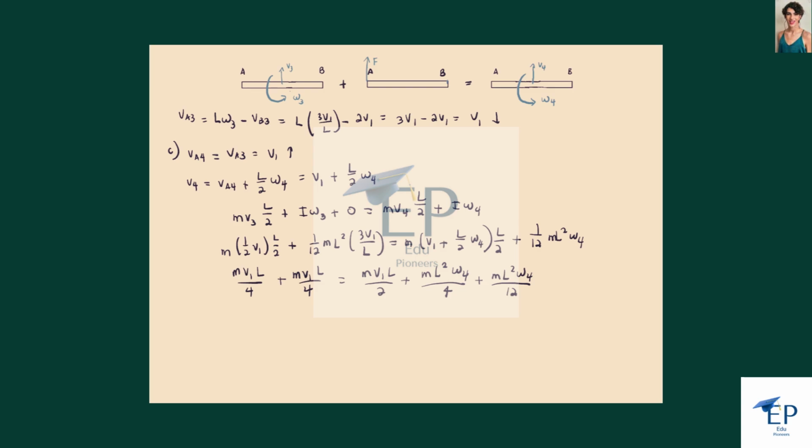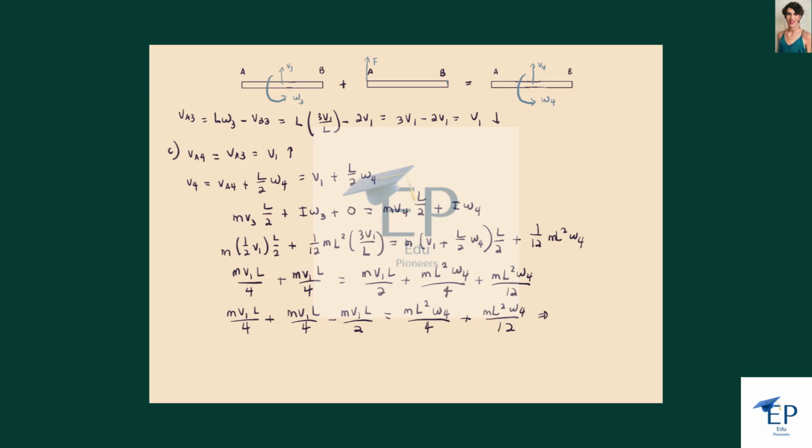Combining like terms on one side, we'll have m V1 L over 4 plus m V1 L over 4 minus m V1 L over 2 equals m l squared omega 4 over 4 plus ml squared omega 4 over 12. The left-hand side will be equal to 0.